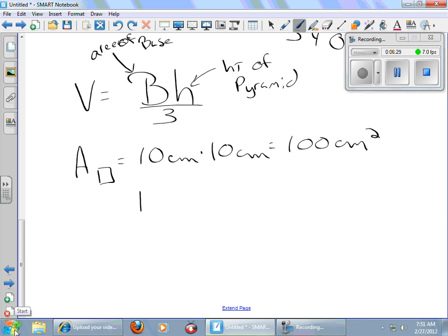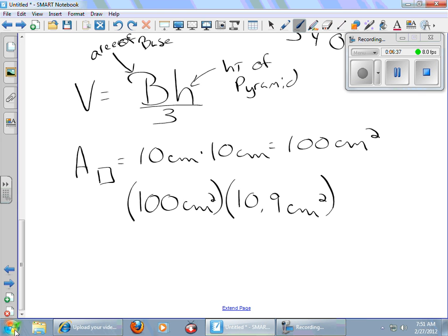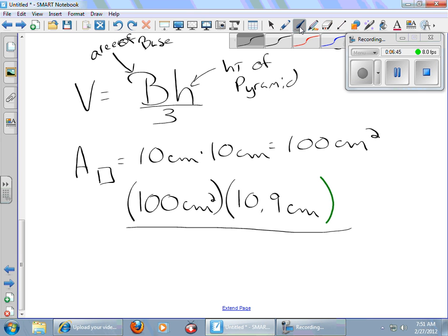So I'm going to take 100 centimeters squared, and I'm going to multiply it by 10 and 9/10 centimeters. Sorry about that. But I'm going to divide the whole thing by 3. So this will give me the volume of my pyramid.